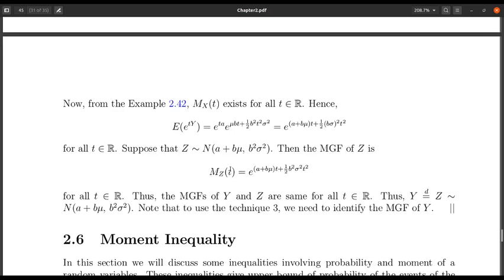Obviously, there are two tricky points here. The first is that I need to calculate this expectation explicitly. Once I can calculate it, I need to find out which distribution this moment generating function corresponds to. This inverse mapping we need to understand. If I am given a distribution function, the PDF or PMF, in principle I should be able to find the moment generating function if it exists.